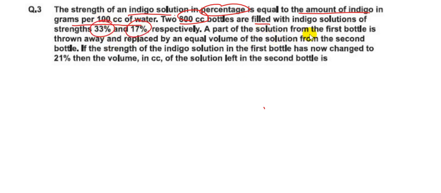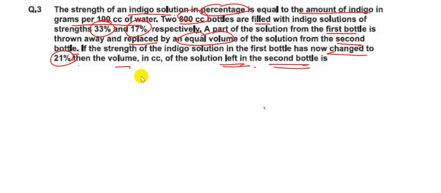A part of the solution from the first bottle is thrown away and replaced by an equal volume of the solution from the second bottle. If the strength of the indigo solution in the first bottle has now changed to 21%, then the volume of solution left in the second bottle is what?